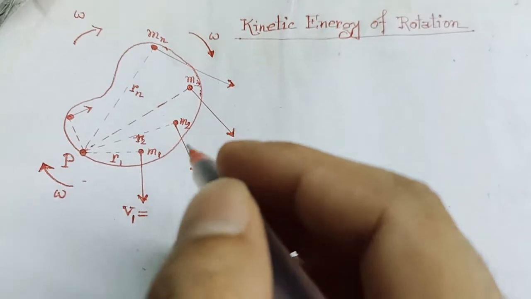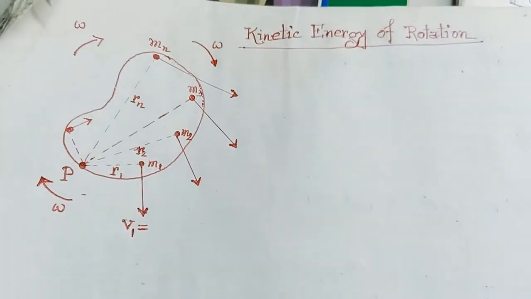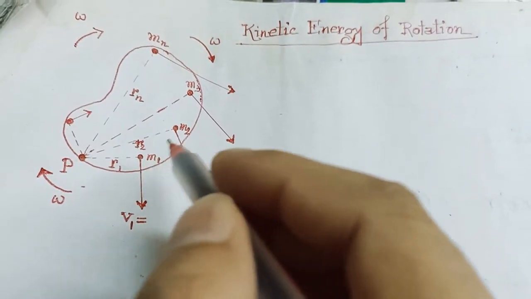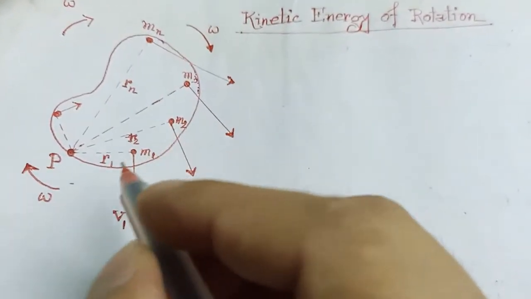As the rigid body is a summation of all small individual particles, let us consider a few particles from the rigid body.